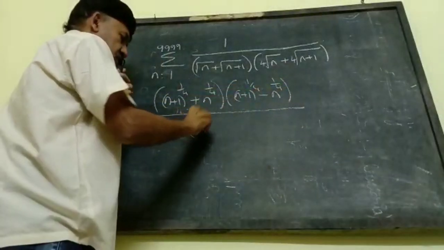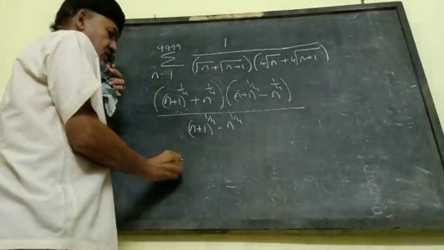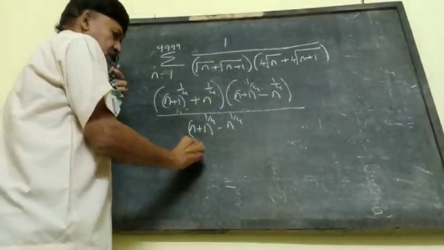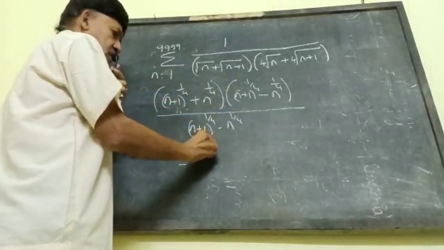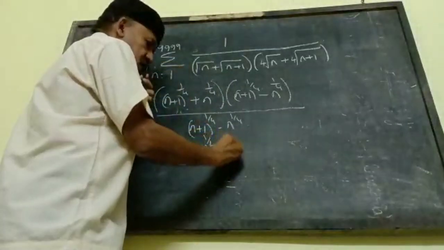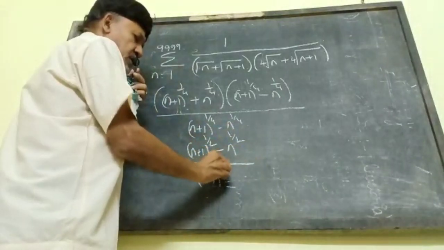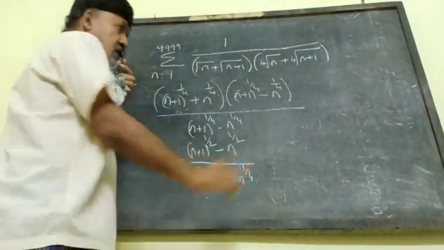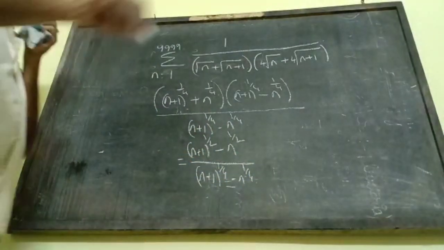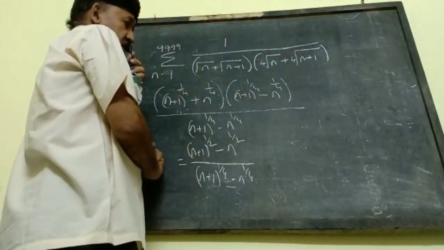Then you are going to get, see, a plus b into a minus b form, a square minus b square. So you try to rationalize this.